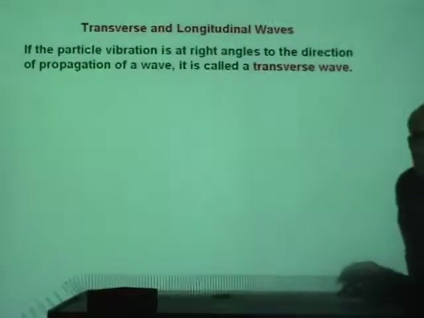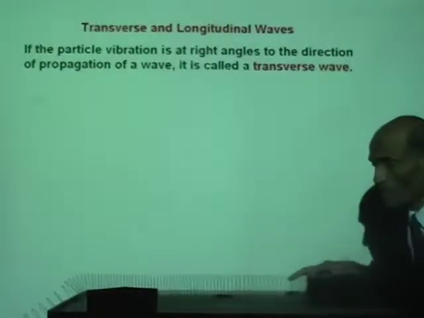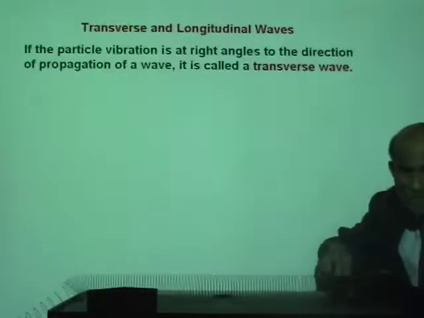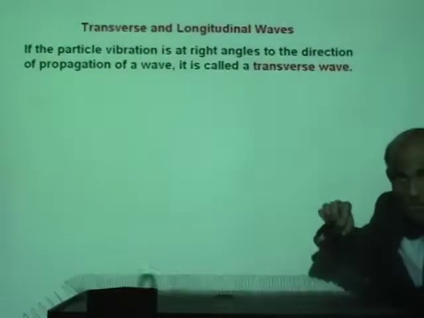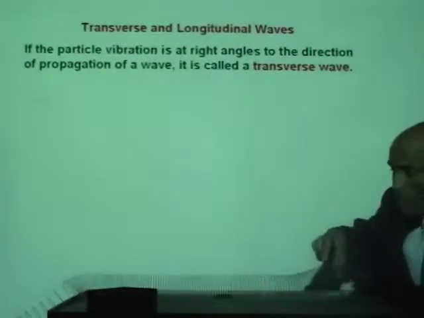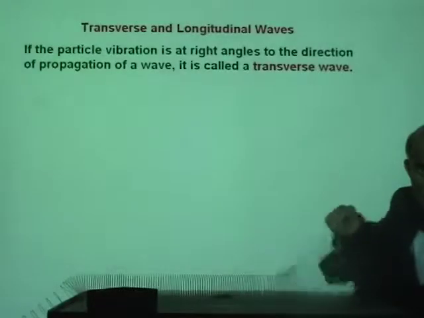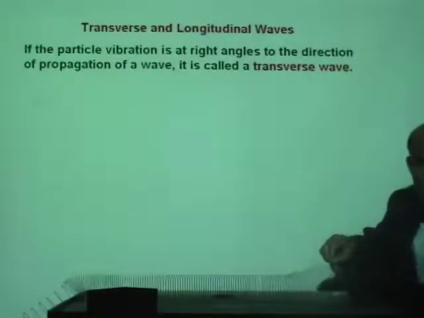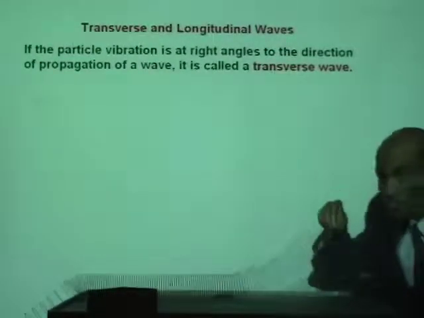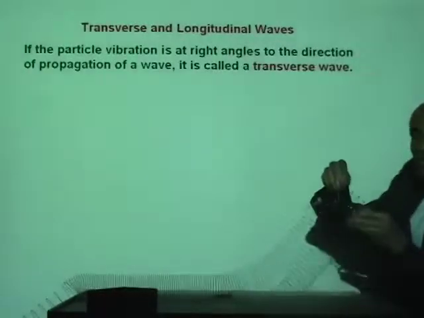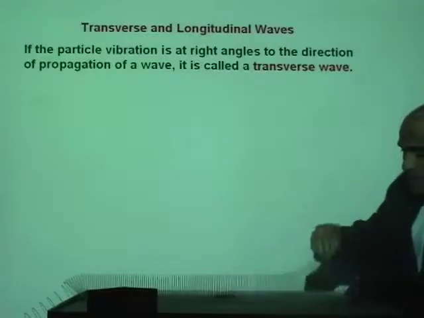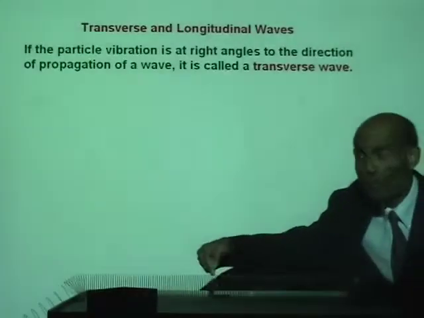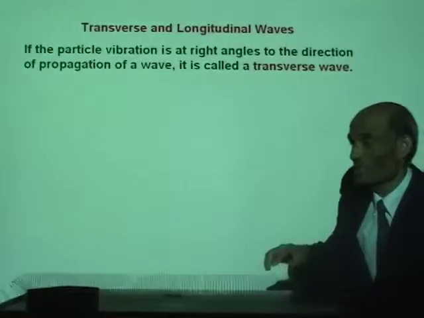I have a spring that I have on the table here. Now, if I pull the string and look at this, what kind of wave am I generating? The particles are set into up and down vibration. The energy moves at right angles to it.